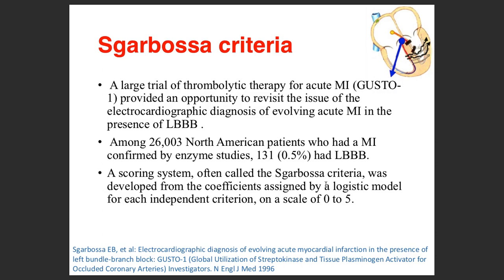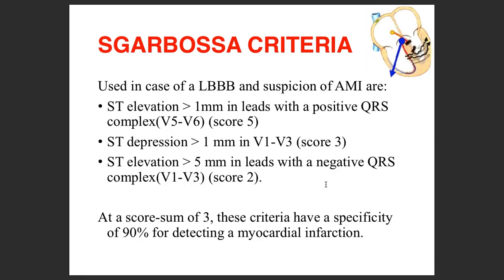So what could they see? They proposed a scoring criteria, based on 3 things. You can give them a score of either 5, 3, or 2.